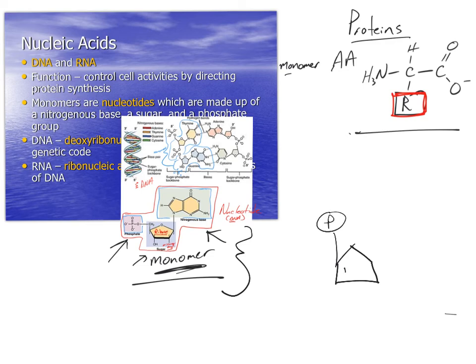That's a phosphate. And this is the ribose. You see how I'm simplifying the form. And then sticking out from that is going to be this nitrogenous base. Generally it's a ring. It can be one ring or two rings.